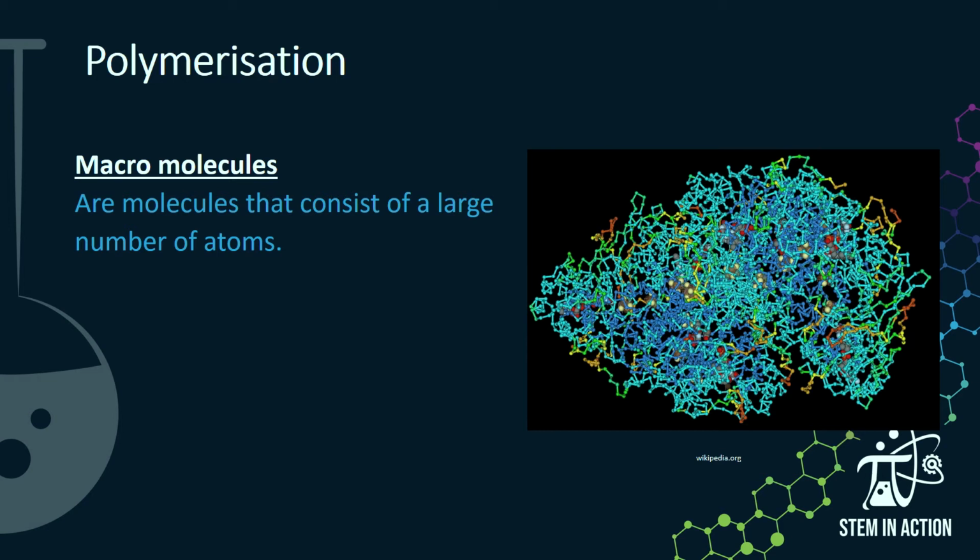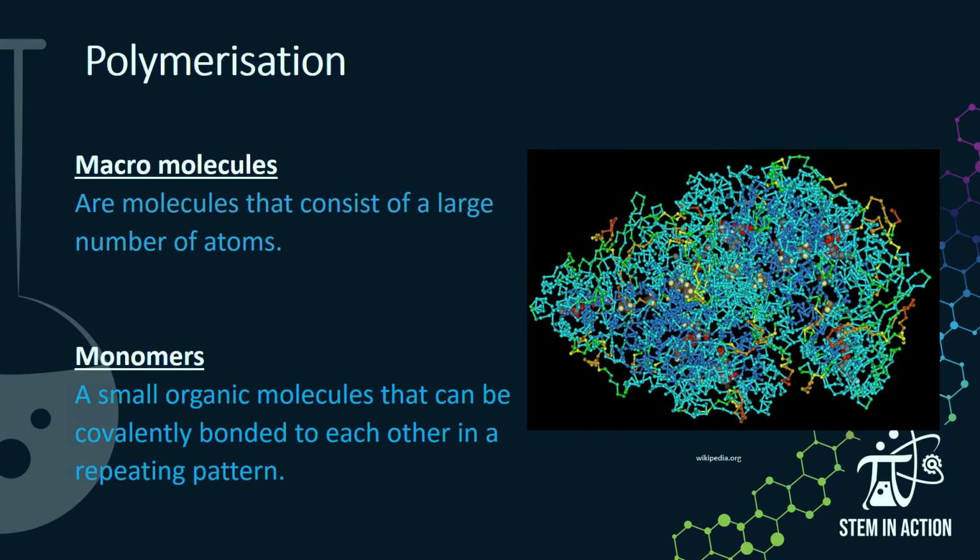So a macromolecule is simply a large molecule that consists of a large number of atoms. And a monomer is a small organic molecule that can be covalently bonded to each other in a repeating pattern. So it means that there are some molecules whereby you start with one molecule and you can link it up to the next molecule, to the next molecule, until you form a chain of such molecules.